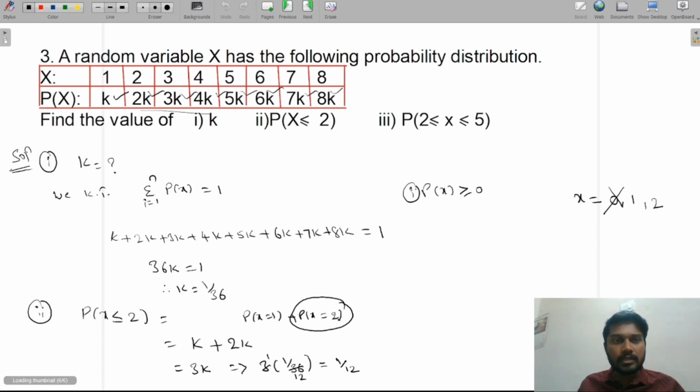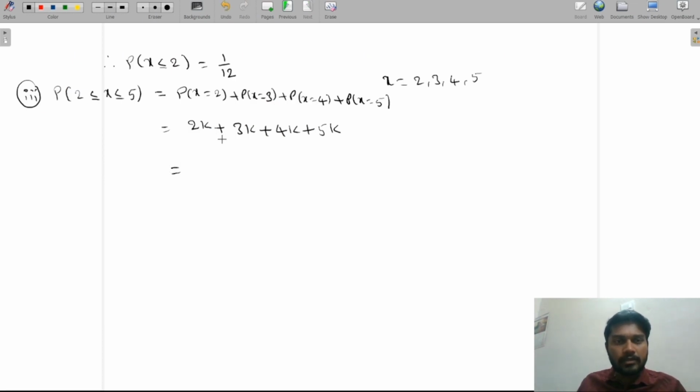Yes or no? Now we can add this: 2 plus 3 is 5, 5 plus 4 is 9, 9 plus 5 is 14, so 14k. What is the value of k we had? 1 by 36, right? So this is the final answer. I can cancel: 2 sevens are 14 and 2 eighteens are 36.